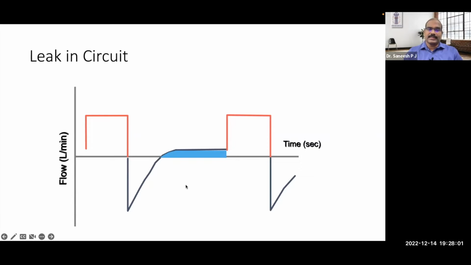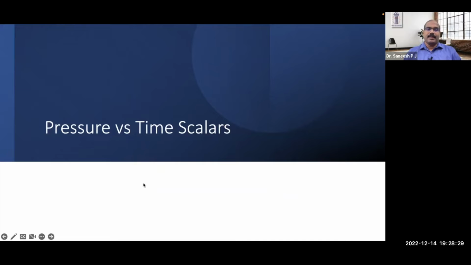So when you look at the screen, look at the flow time scalar. If you find this, you have to check for a leak in your circuit. Maybe your cuff is not inflated properly, or your connections, you need to make sure it's push and twist, or check all the connections where your breathing circuit accessories are joining. This is not the only indication. This will be evident in your volume time scalars as well.